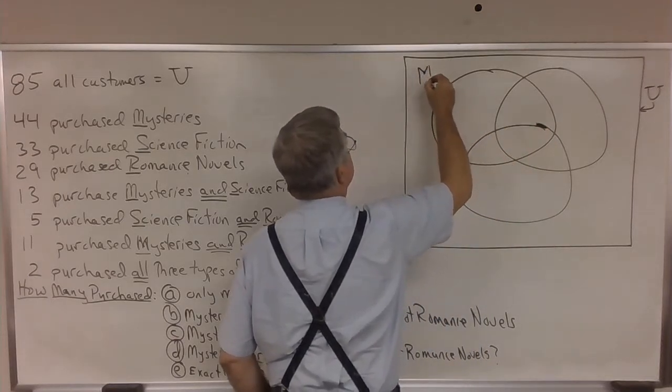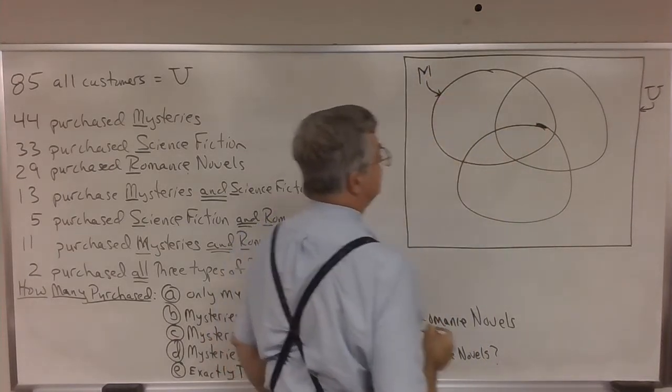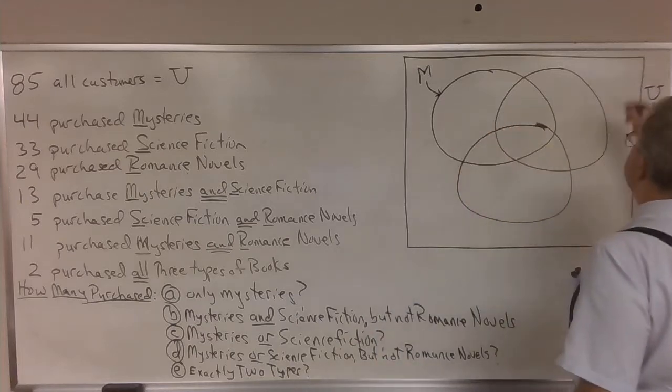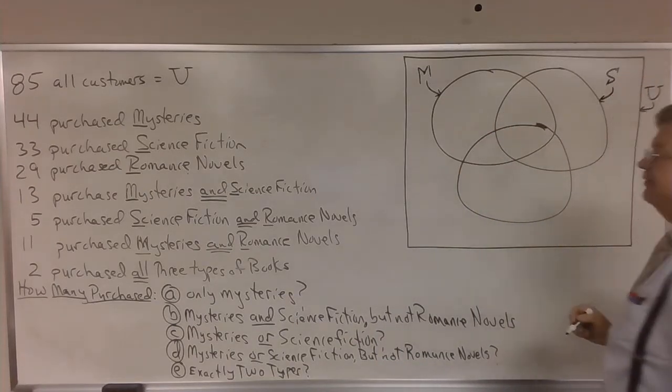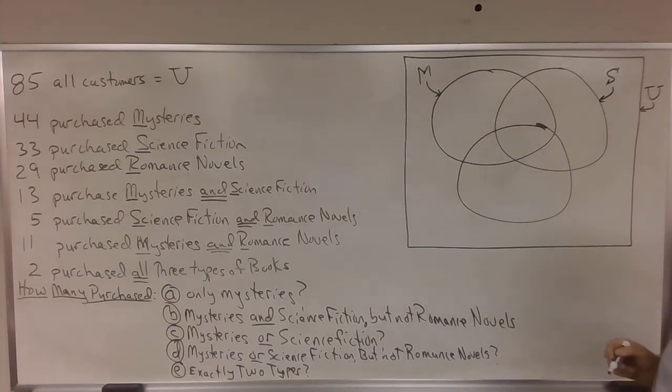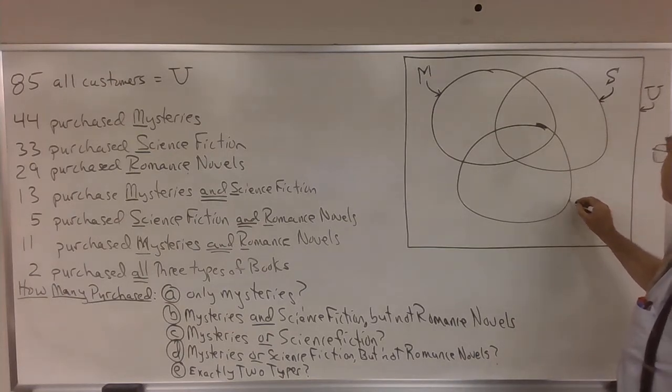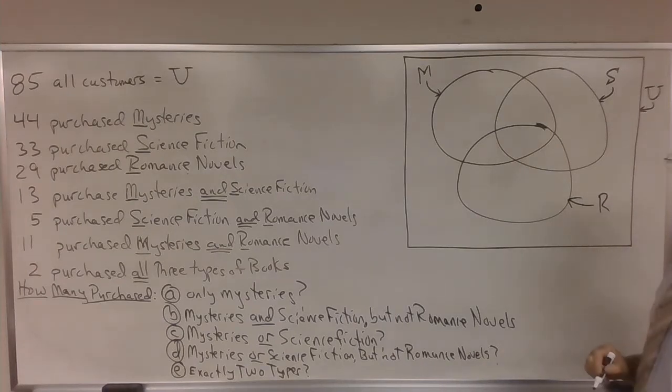M for mystery, so this is the mystery circle. And S for science fiction, this is the science fiction circle. And R for romance novels, this is the romance novel circle.